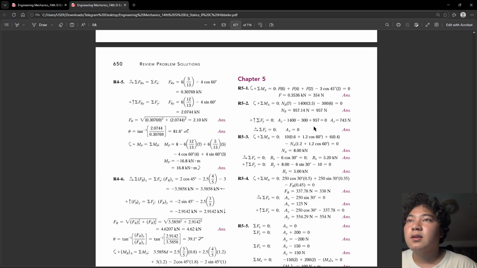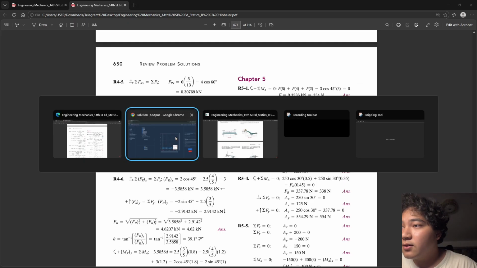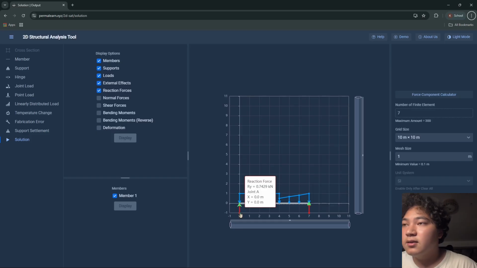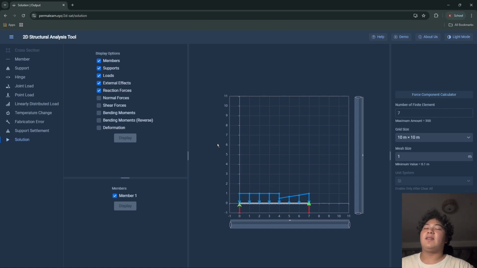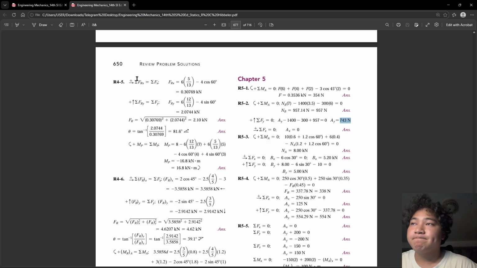For the reaction at A, there's 743 Newton. You can check it again by hovering on it. It's 0.742 kilonewton, which is right. And there you go. You have the answer for exercise 5.2, chapter 5.